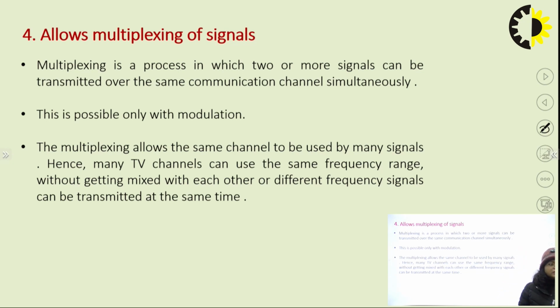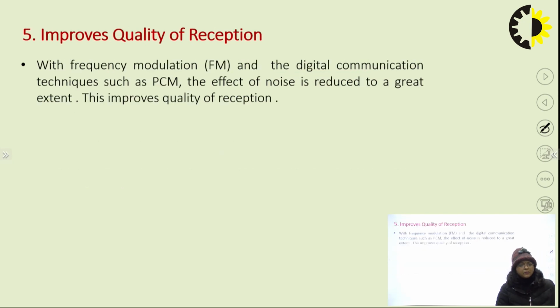Next, it also allows the multiplexing of signals. Multiplexing is basically to mix two or more signals over the same communication channel. This is only possible with modulation because it increases the frequency to a different frequency range, and hence different signals can be transmitted at the same time.